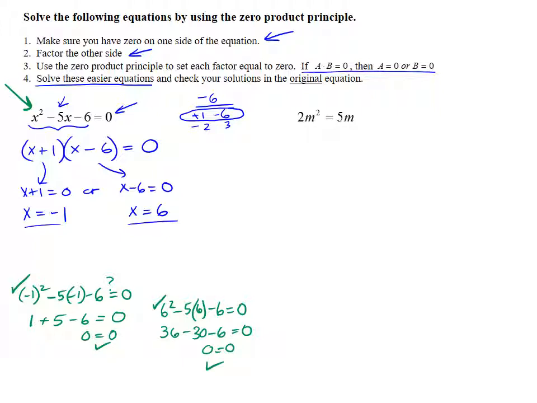Often you'll have an instructor like me or another instructor ask you to write out solutions in a sentence. If you're asked to do that, there's two common ways you can do that. I could just literally say the solutions, plural, because there are two, are negative 1 and 6. Or you can phrase the sentence with us talking about it as a solution set.